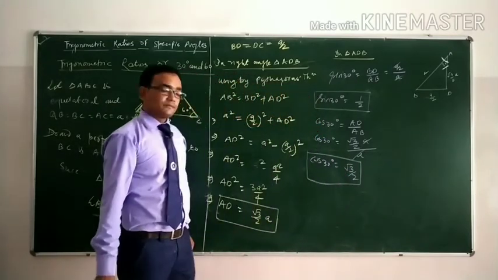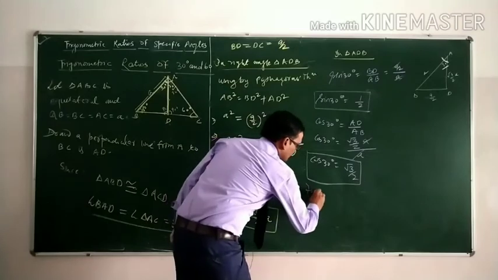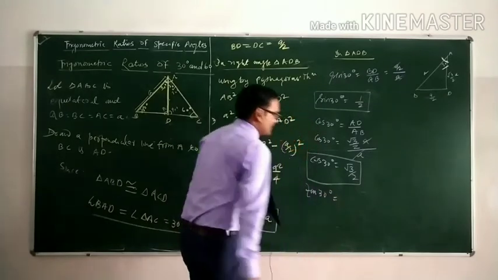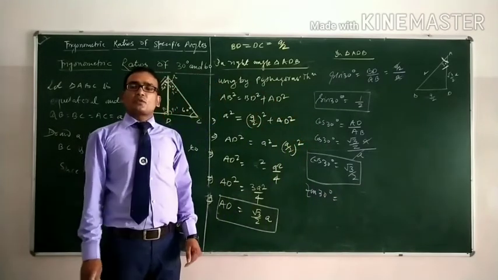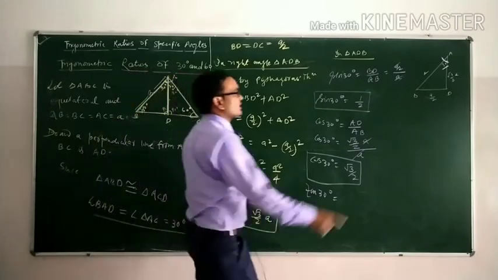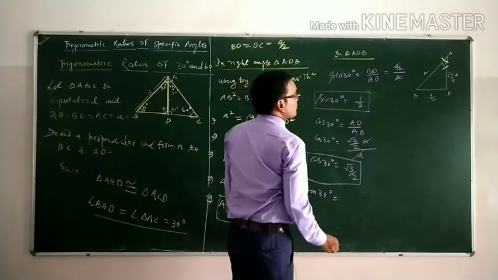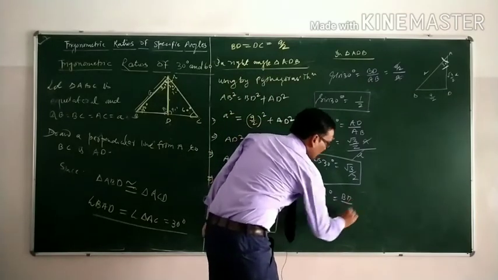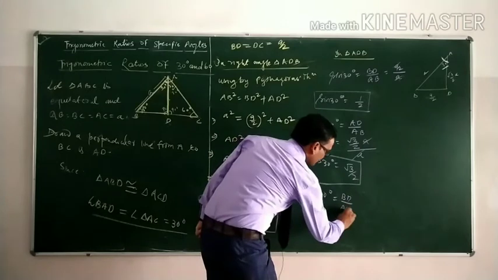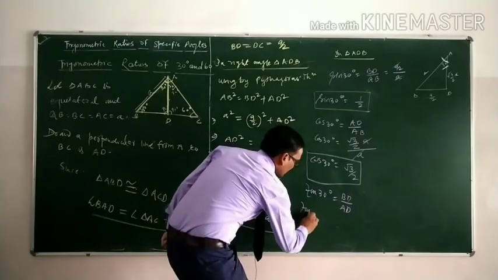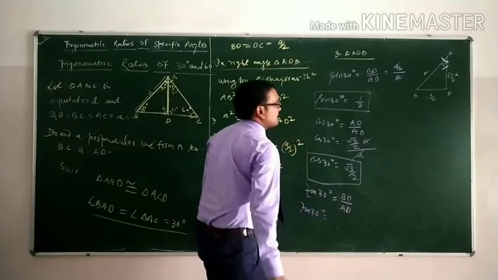Okay student, tan 30 degree is the perpendicular side upon the base. Perpendicular side is BD and base is AD. What is the value of BD?